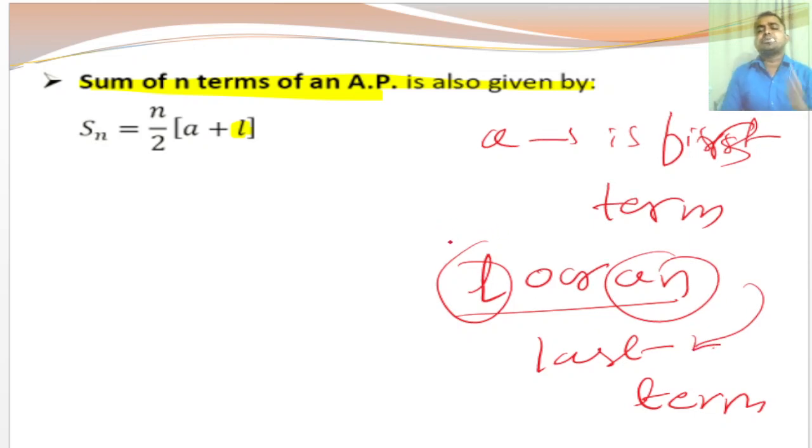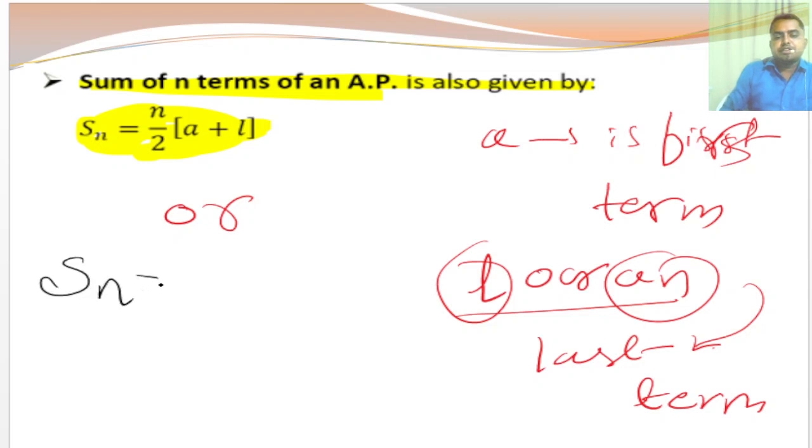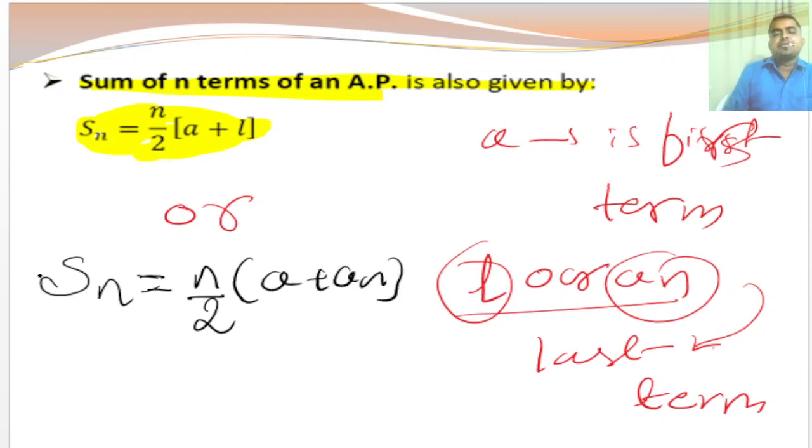If the first term and the last term of the AP are given, at that time we calculate the sum of the AP by using the formula Sn is equal to n by 2 (a plus L). Remember this one, or Sn is equal to n by 2 (a plus an).